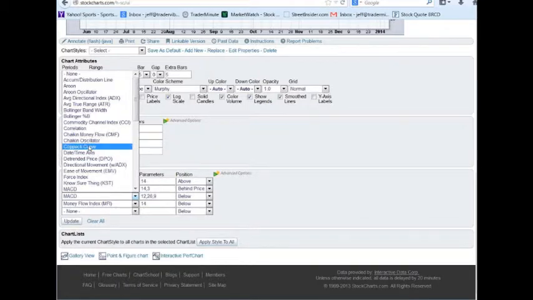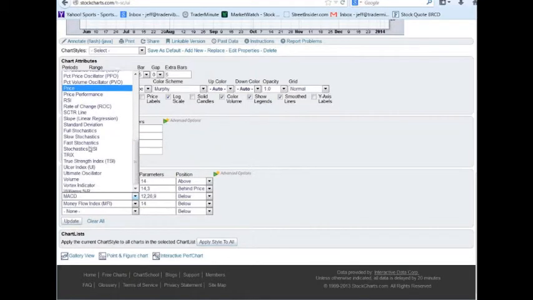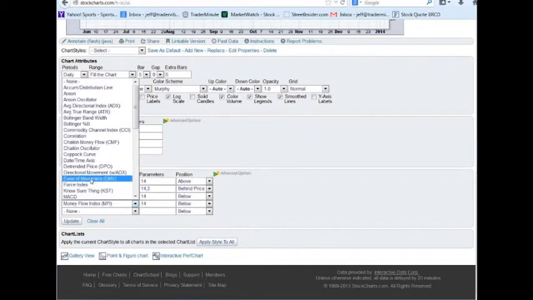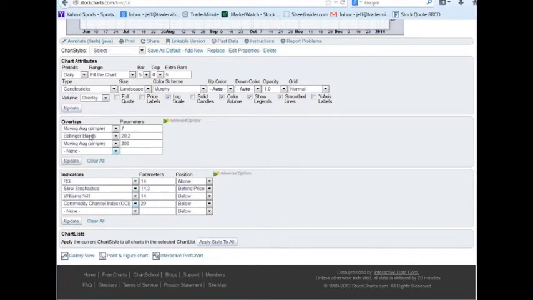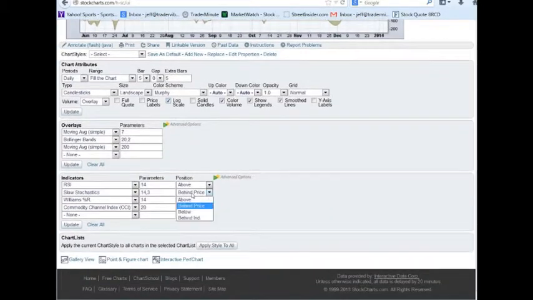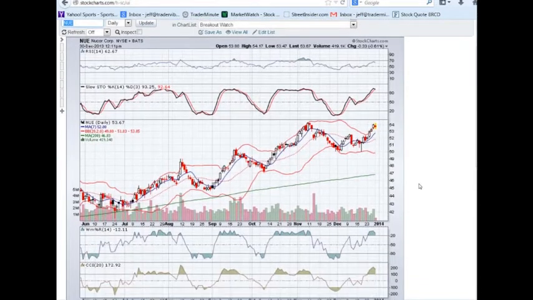Let's put on a Williams percent R, which is an oscillator. And let's put on a commodity channel index, which is an oscillator. They'll put two of these indicators above and two below. They'll bring up the chart, look at all four indicators, and say they all kind of look the same.